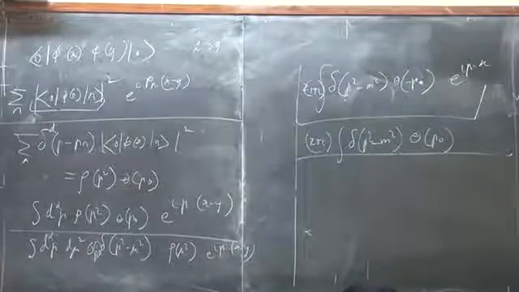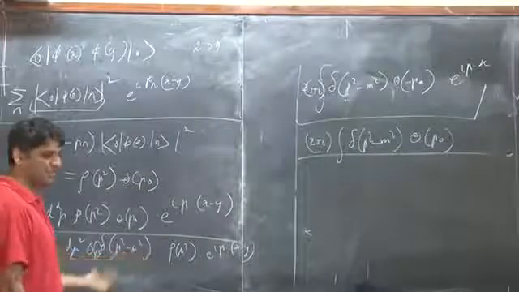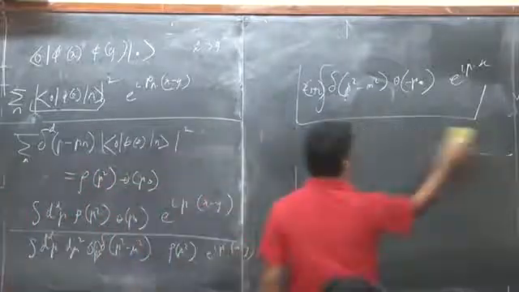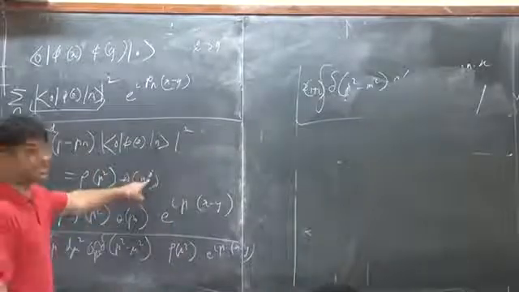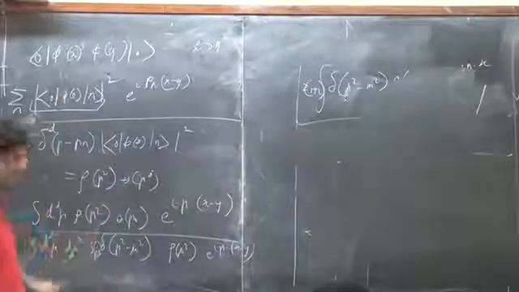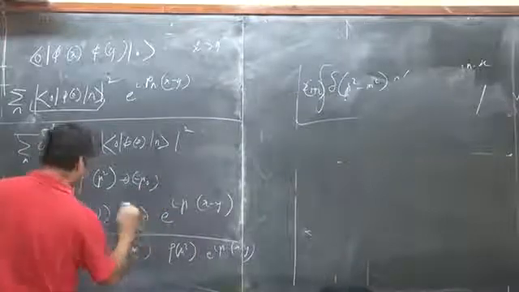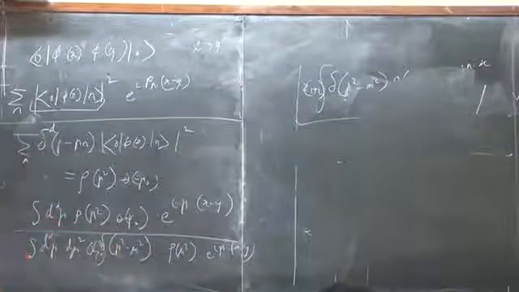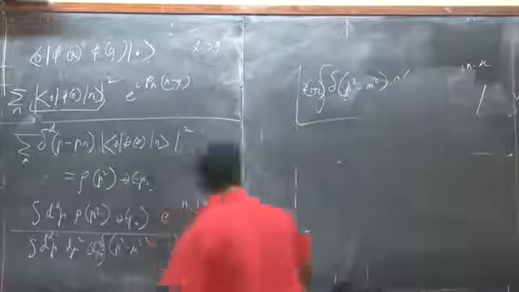So I just introduce the variable and put in a delta function, so it does nothing. Actually, this should have been p zero. This p zero is always positive. Okay?